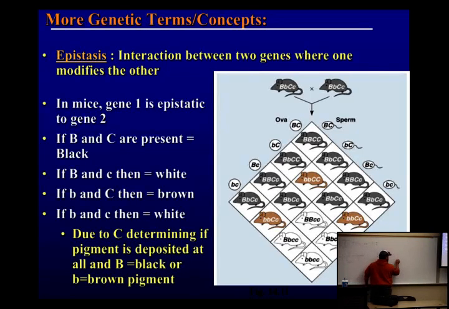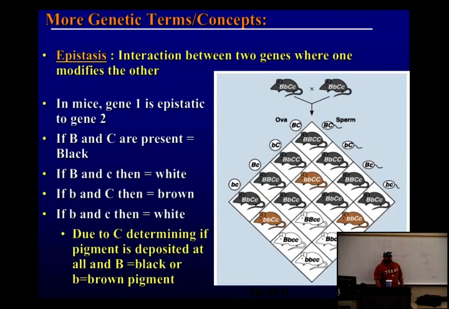And this one could make little b, big C, right? Or little b, little c. So what would happen if these two got together? The pigment is black. No painter. What color is that mouse? White. White.